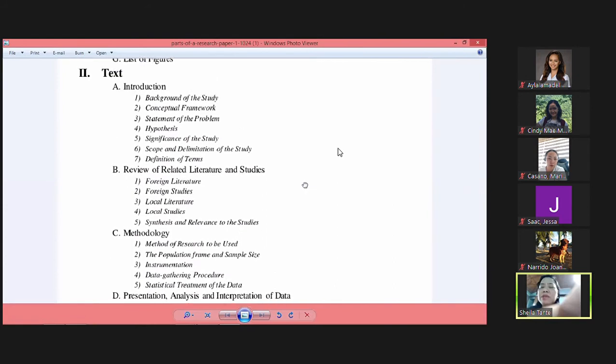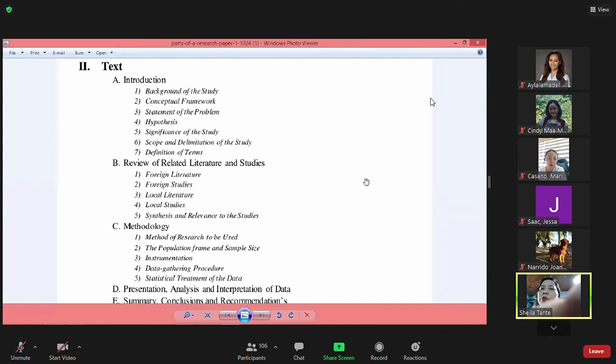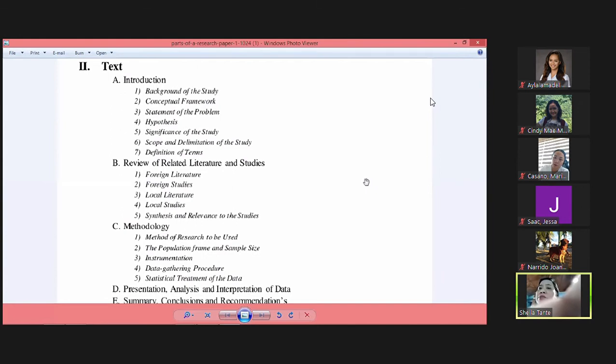So our role on the first year, for the body or the text, is to make the introduction, letter A and letter B. So on the introduction, there is the background of the study, the conceptual framework, the statement of the problem, hypothesis, significance of the study, scope and limitation of the study, definition of terms, hopefully for the whole of this first bi-monthly.